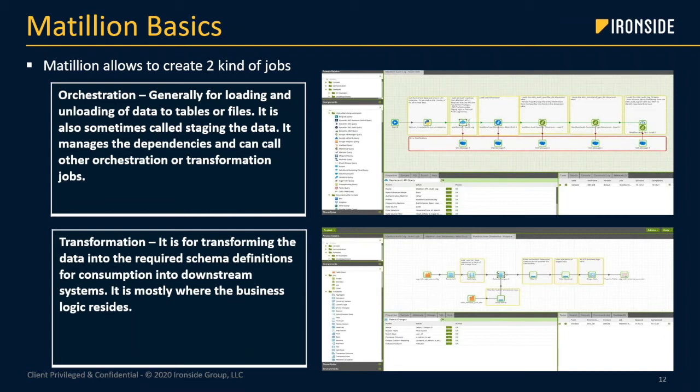And it also manages the dependencies, like calling another orchestration job or a transformation job. So it does mostly the E and the L part of the ELT layer. Whereas the transformation is where your business logic resides, and that's where the heavy lifting happens, where you do all the transformations.